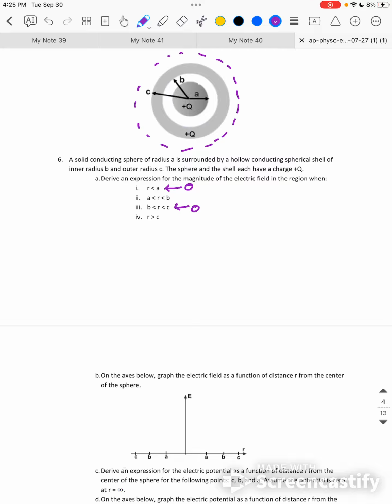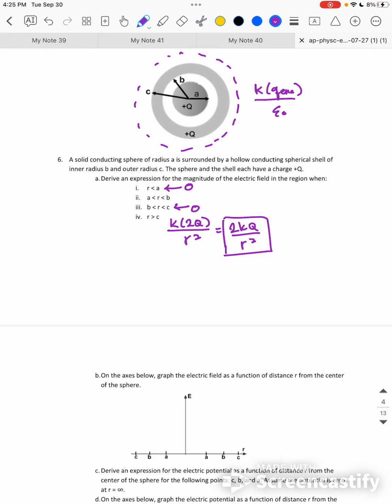So the electric field here would be K total Q, which is our Q enclosed, over epsilon naught, which is K times 2Q over R squared, or 2KQ over R squared. So they mean the same thing, just the convention is to put the number in front.